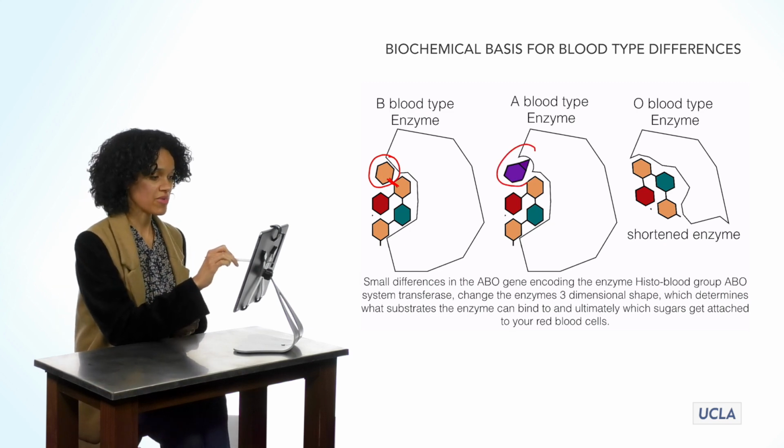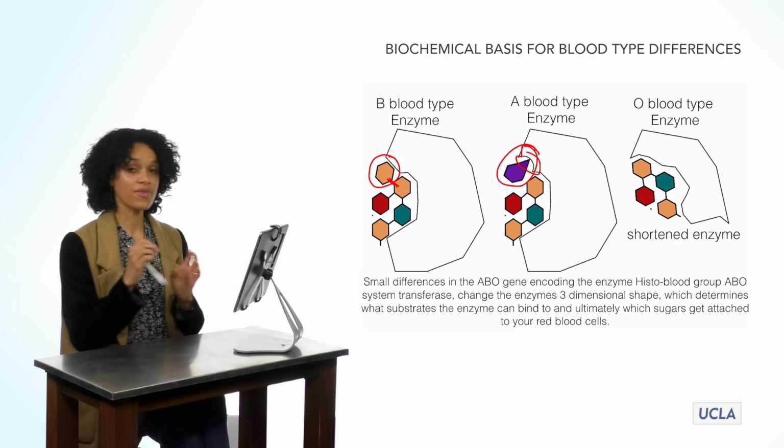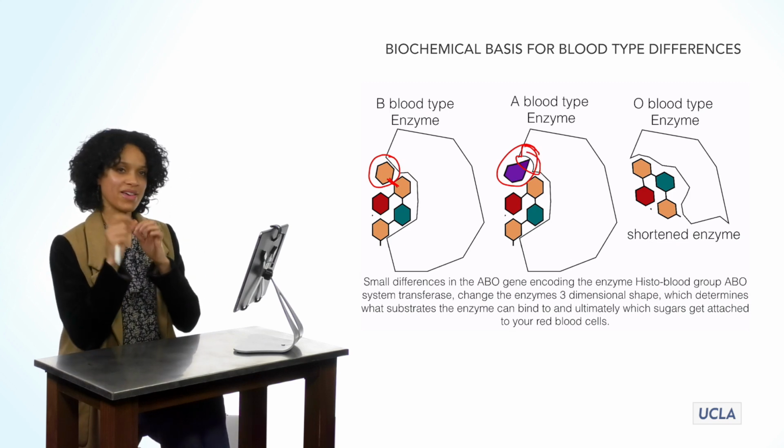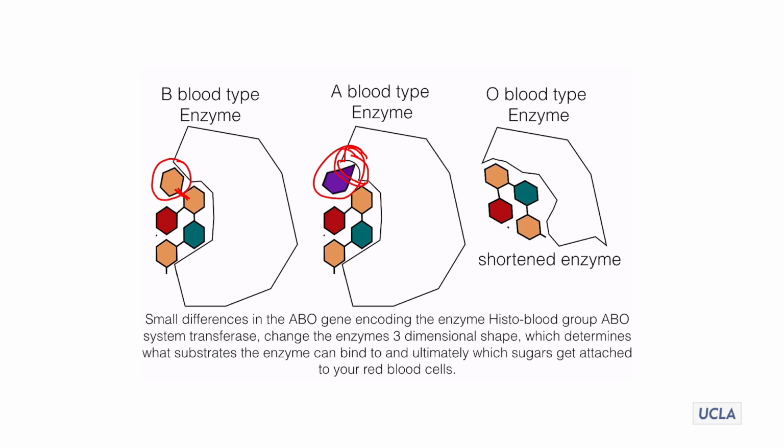But in the case of your A blood, it has a little bit of a different three-dimensional structure that allows for that extra molecular bump. So you have this little extra molecular bump that can fit into the A-type enzyme. And in the case of the O-type blood enzyme, what you actually have is a very small shortened enzyme. And this shortened enzyme can't actually put any sugar on.